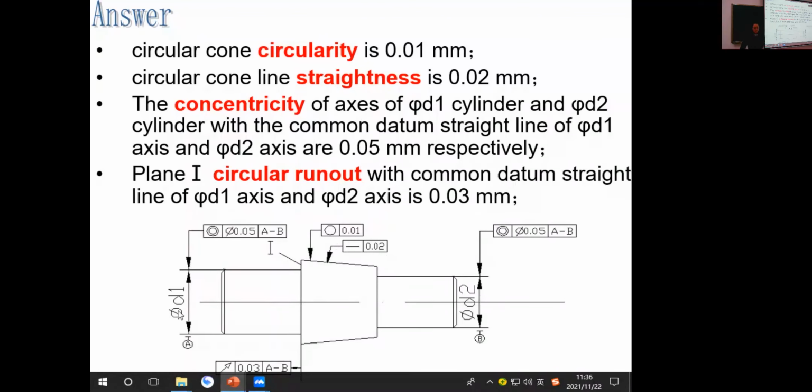That means it describes the axis. So this axis has the common datum straight line of D1 and D2. It means this axis and this axis have the same datum. They are the datum, and also the geometrical tolerance of the features.